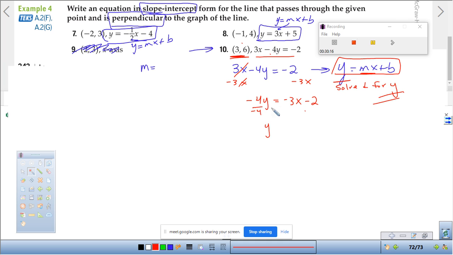But if I divide that one by -4, I have to divide this one by -4, and divide this by -4. These cancel out, and that gives me y is equal to 3/4 x. This right here is a -2 divided by a -4, which gives me positive 1/2.